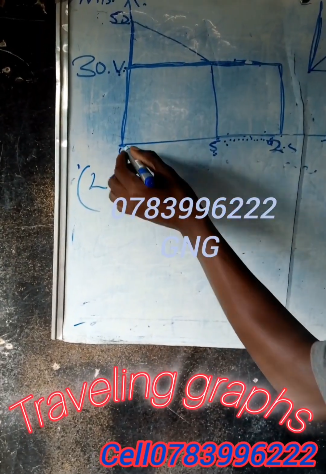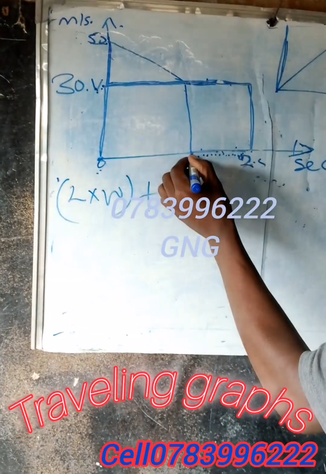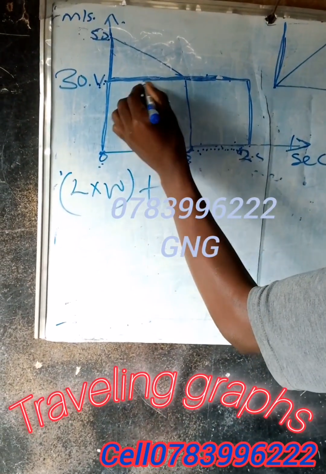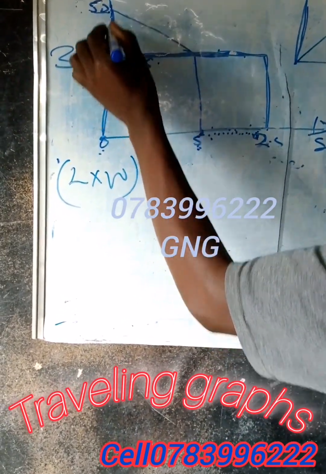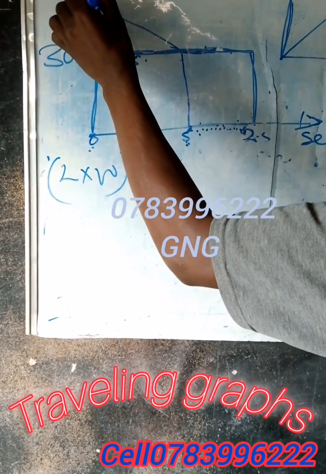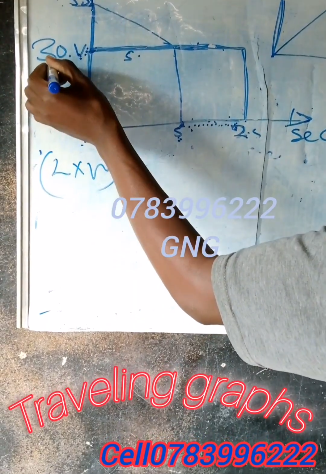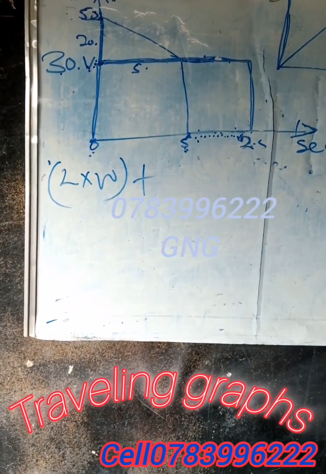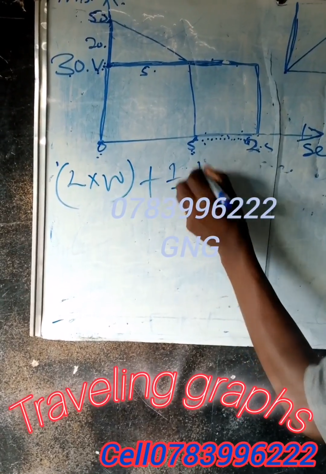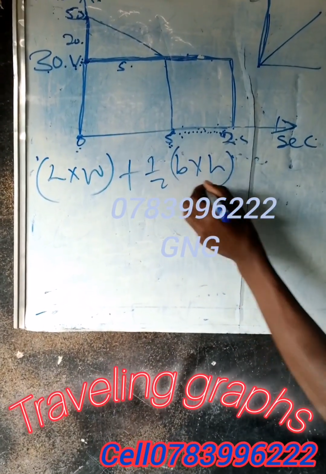What will be its base? Its base is from here to here, which is 5. And what will be my height? My height is from V to 50, so 50 minus V, which is 30, so my height will be 20. So plus half base times height, then I get the answer.